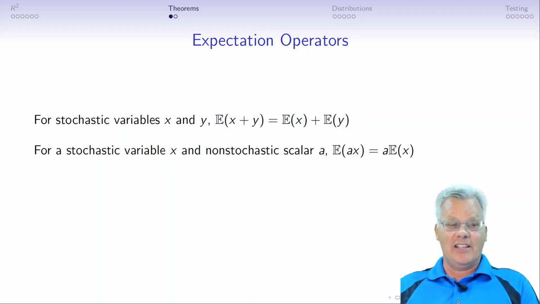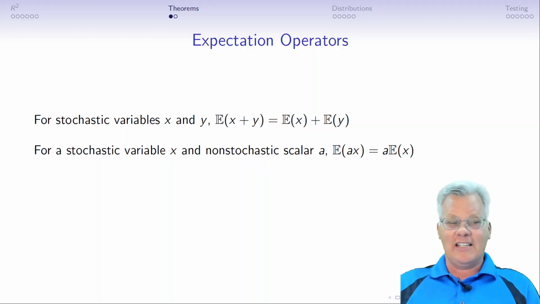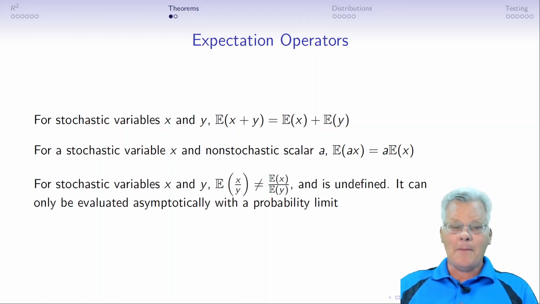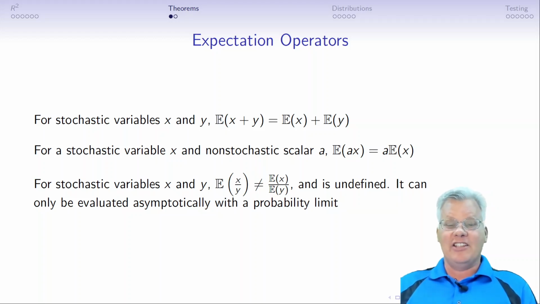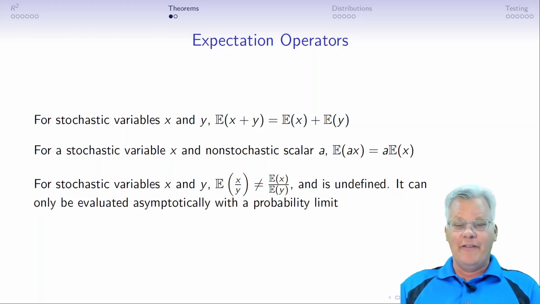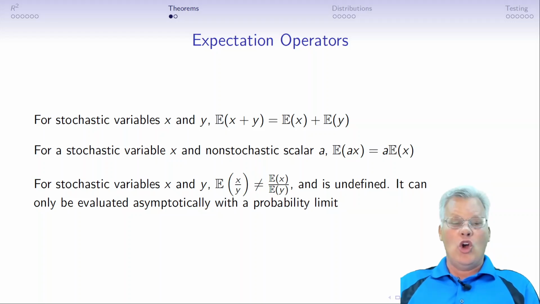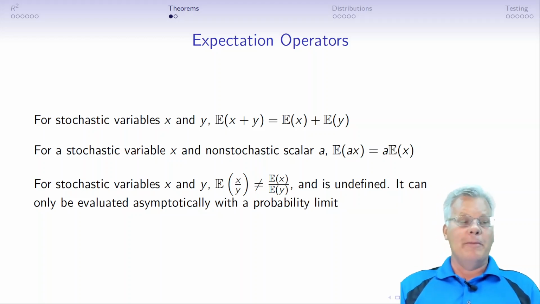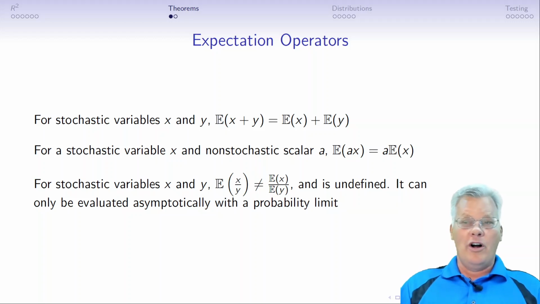So the non-stochastic constant can move outside the expectation operator. For stochastic variables x and y, the expectation of x over y is undefined. It is not equal to the quotient of the expectations. This can only be evaluated asymptotically, meaning as the sample size goes to infinity, with the probability limit. And in a couple more sections, I'm going to define probability limits, and we'll start doing that too.